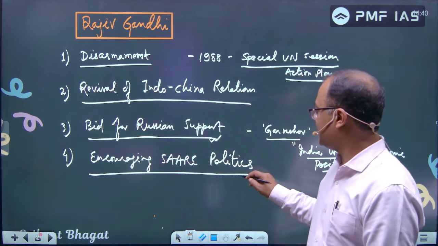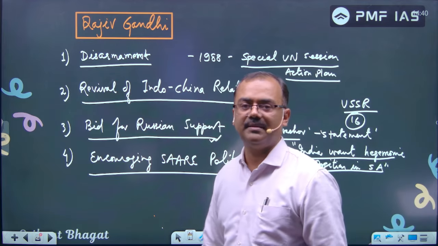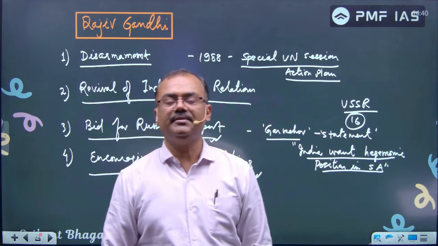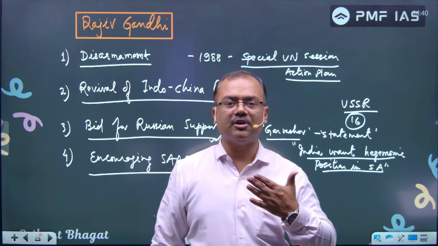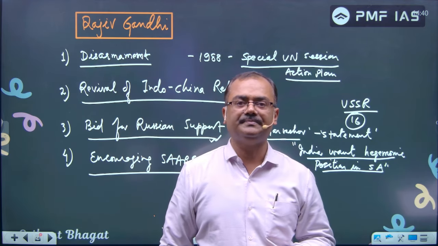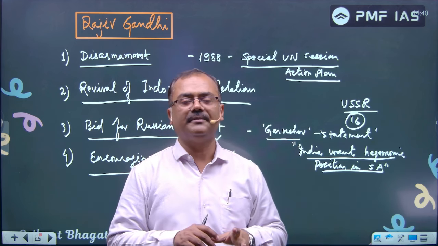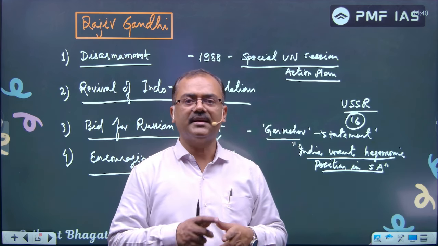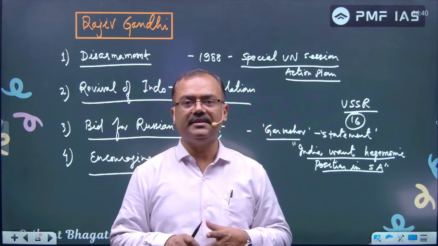And then comes emerging SAARC politics, encouraging SAARC politics. SAARC was established in 1985 in Bangladesh. The South Asian Association for Regional Cooperation, in which India is definitely a bigger player. Pakistan, Bangladesh, Bhutan, Nepal, Sri Lanka, Maldives.